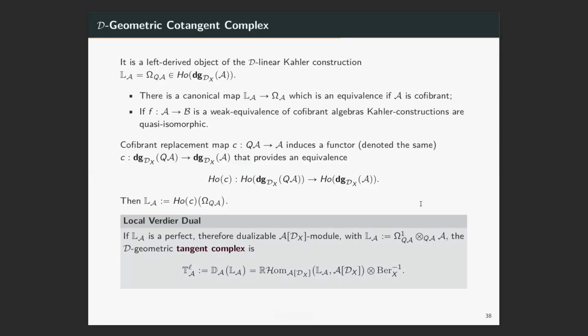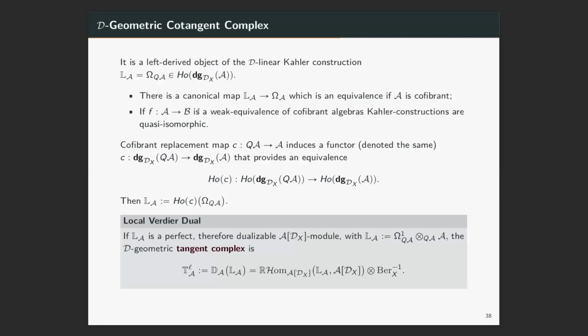It has universal properties that can be checked based on the model category structures we saw. Namely, it preserves weak equivalences between cofibrant objects, and it is an honest equivalence if the object is already cofibrant. And it lives in the homotopy category of DG D-modules.